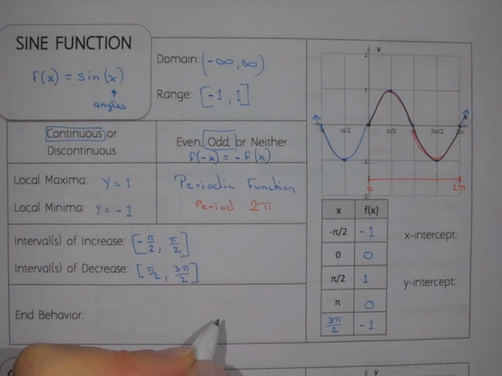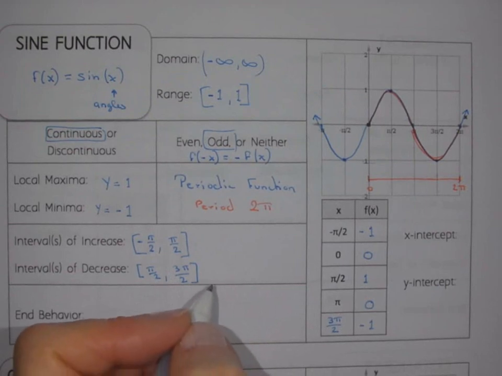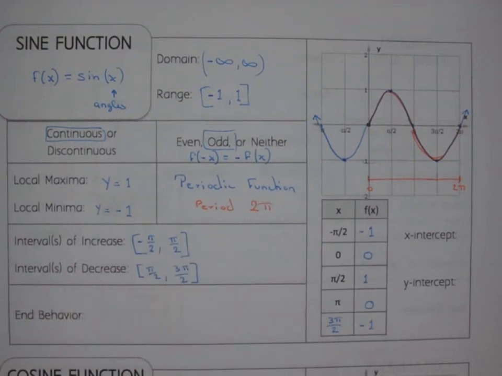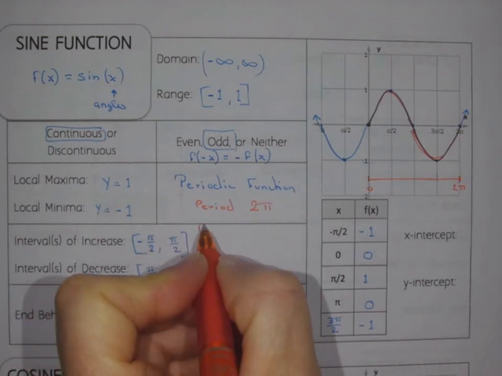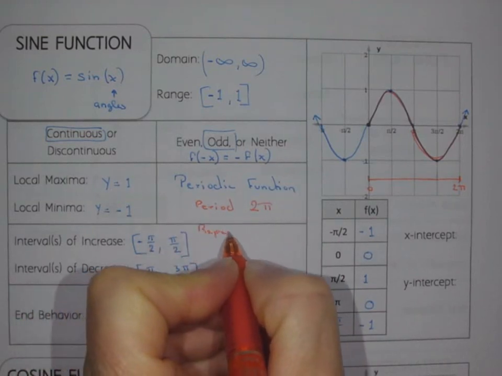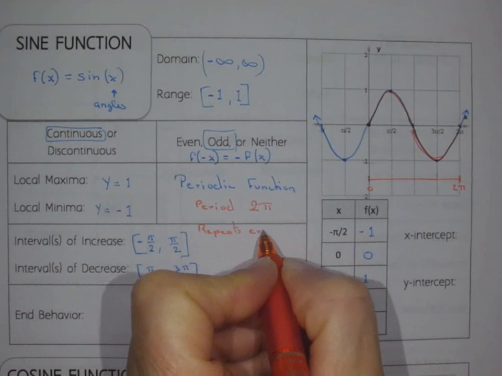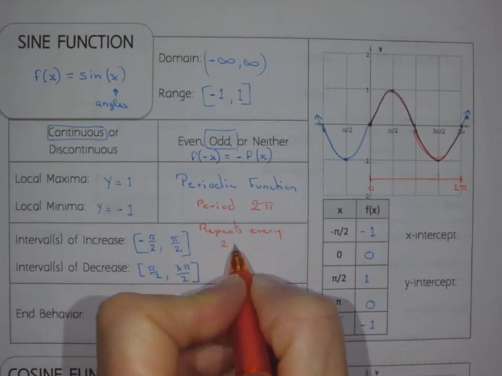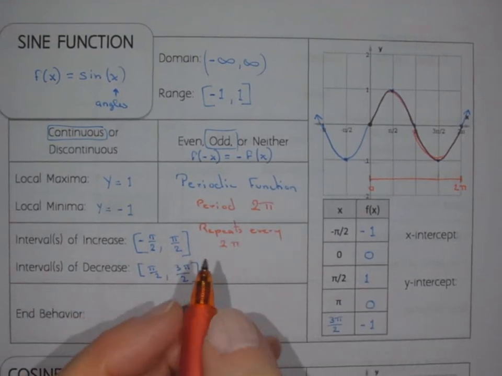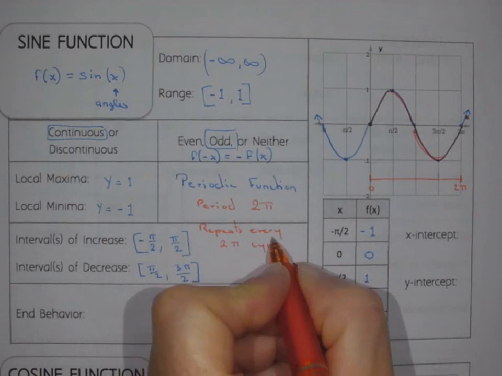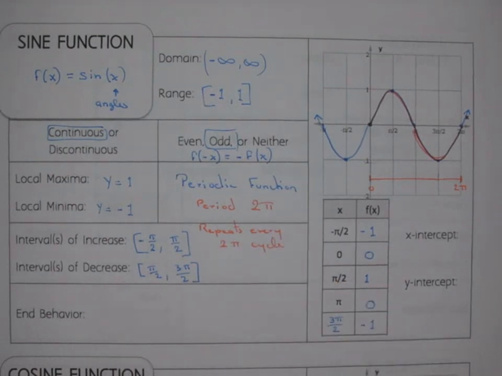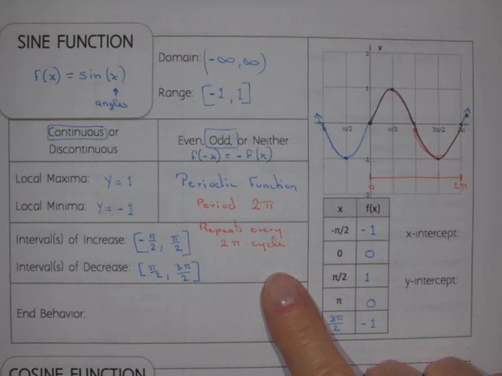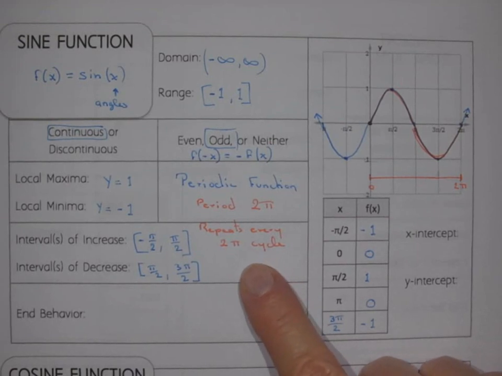So how do I talk about those repeats? Well, we're going to say it repeats every 2 pi cycle. And for now, I just want to leave that like that, right? Later we can talk about how to write that more specifically, but for now we just leave it there, okay? All right.